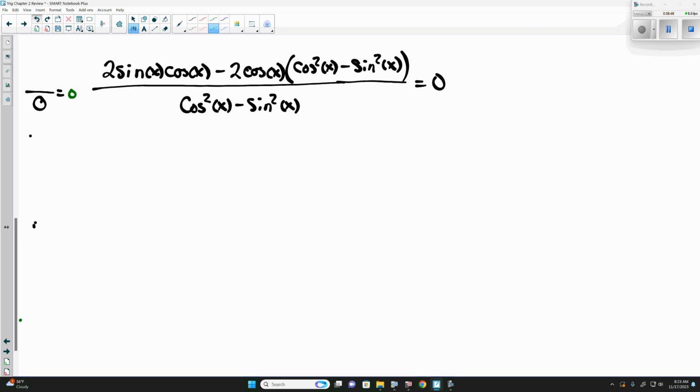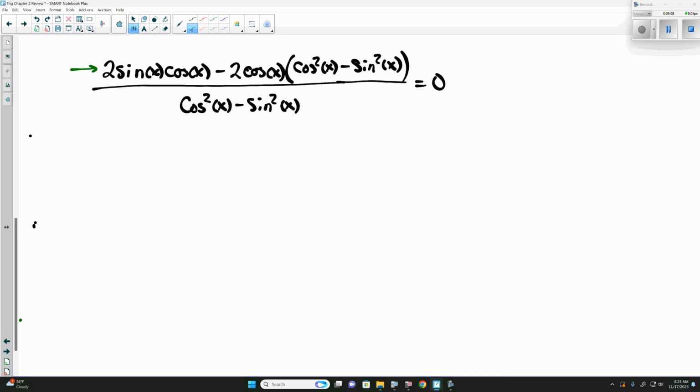So what that tells us is that cosine squared minus sine squared cannot be 0. And we can check that in a minute. But the only way a fraction can be 0 is if the numerator is 0. So at this point, the only thing we're really focused on is the numerator, not the denominator.